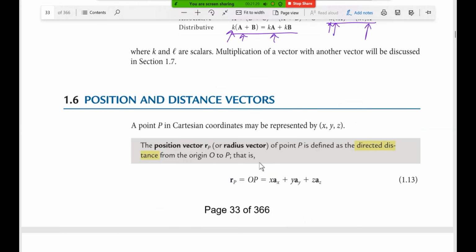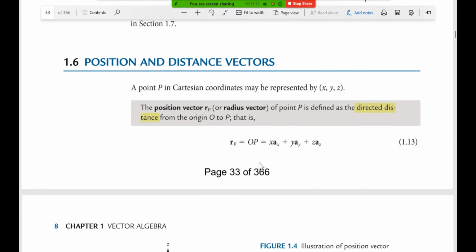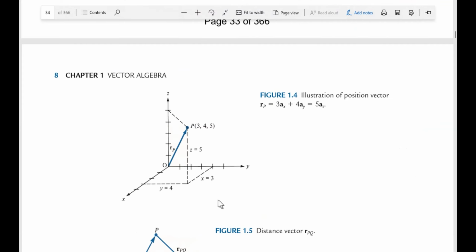Having said that, we can now jump to position and distance vectors. Consider you have a point P in space or in Cartesian coordinates, and you are asked to find the position vector to this point P. The position vector always starts at the origin.